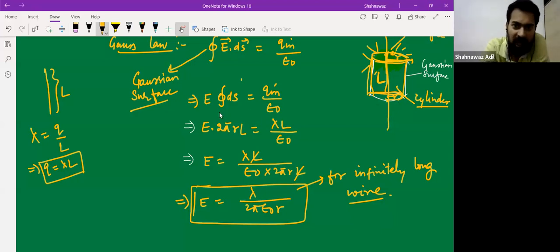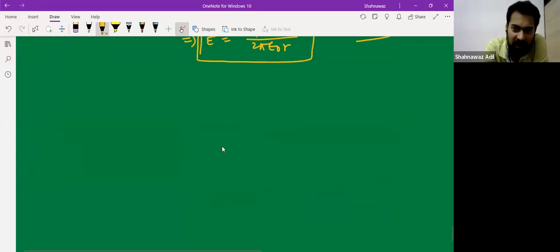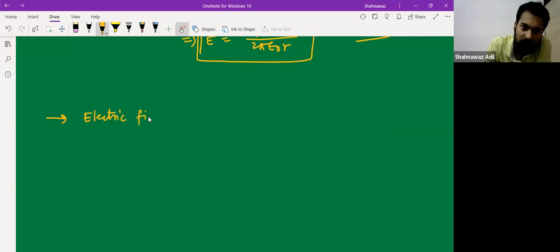Okay, so the last topic. Yes, this was the last topic, and the last electric field that we have to calculate is the electric field due to an infinite sheet.